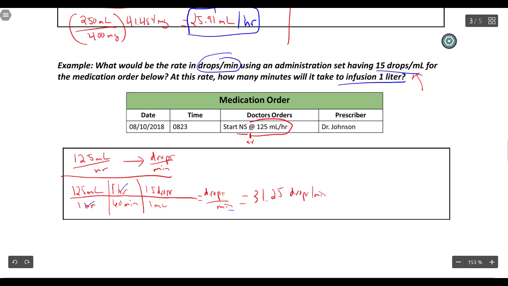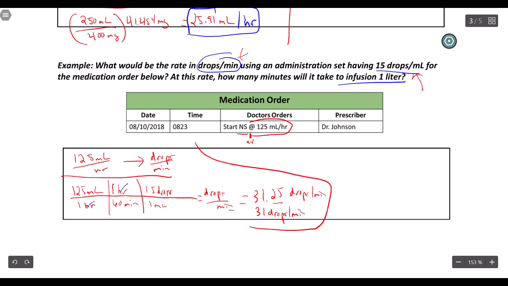Now, because 31.25 of a drop you can't do, usually you're going to round it to the closest drop. So in our case, it's going to be 31 drops per minute. That's the answer to the first question. We converted mLs per hour to drops per minute.